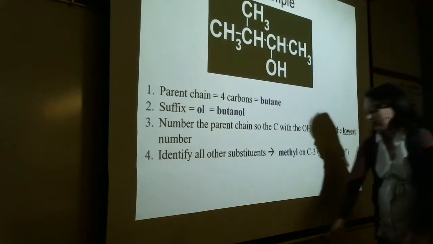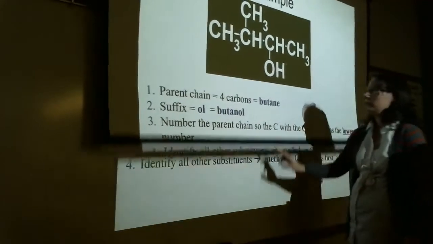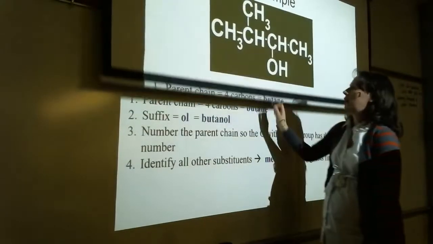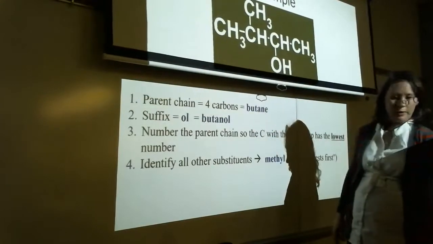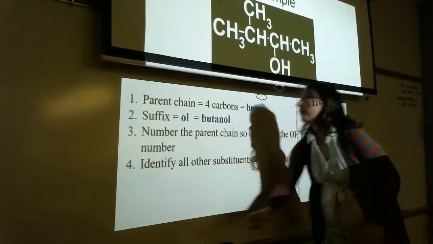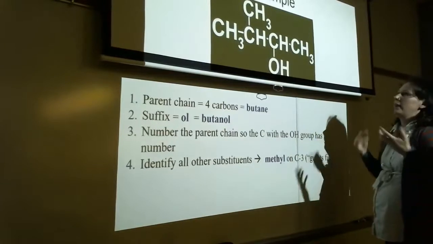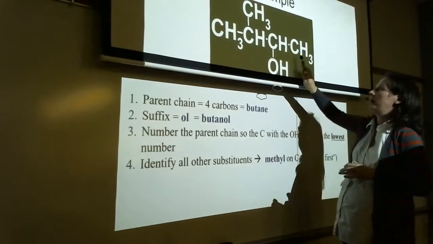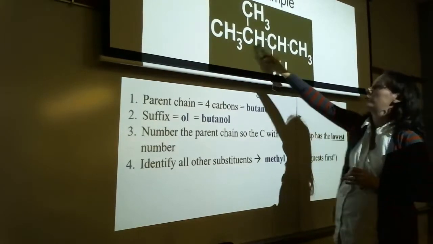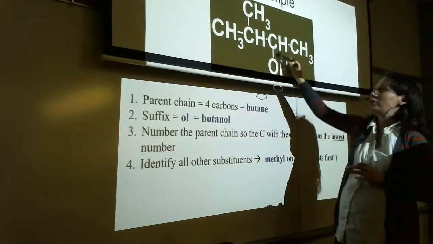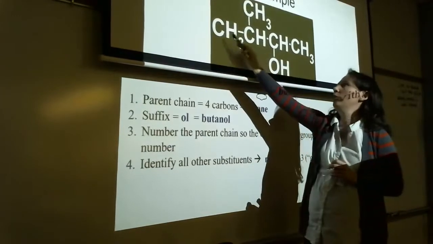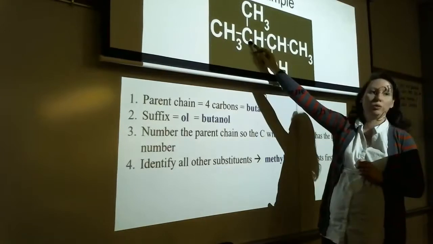So let's do this one together. All right, so this is a 4-carbon chain. Now here's the choice. I could number it 1, 2, 3, 4 and have the OH get the lower number. Or I can number it 1, 2, 3, 4 and have the methyl group get the lower number.